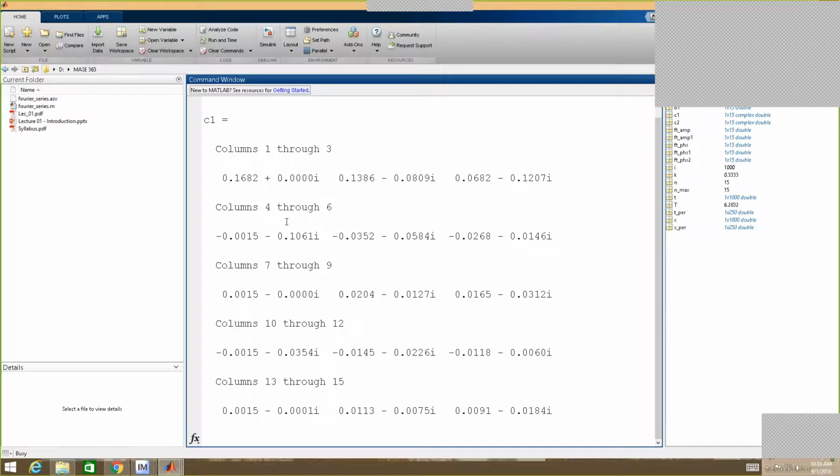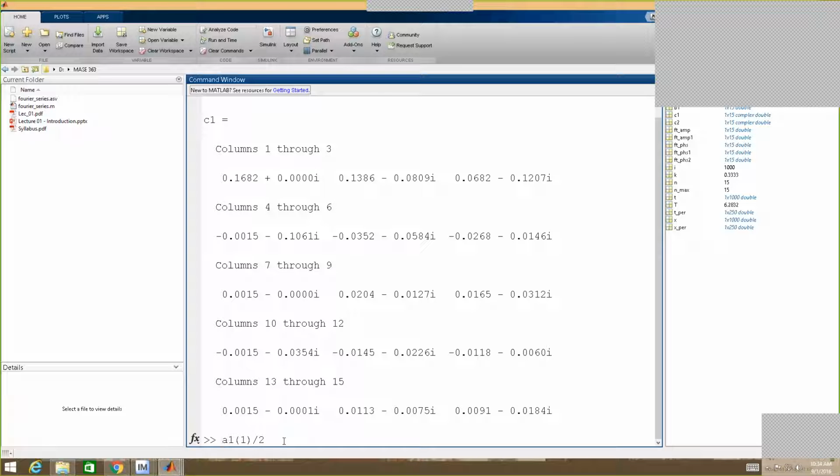So if we type C1, we have one of the 15 coefficients here. So now we know A1, 1 corresponds to the constant term, so by 2.